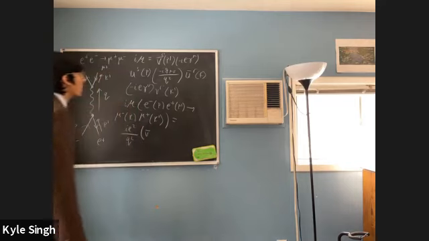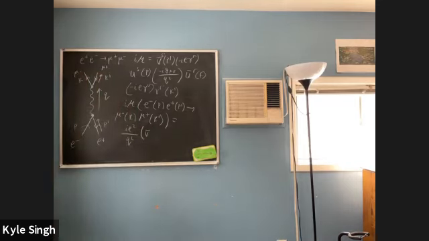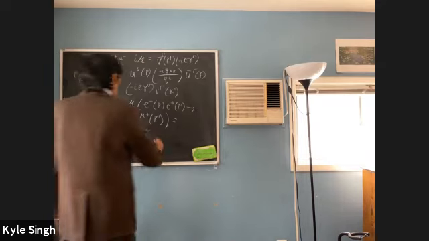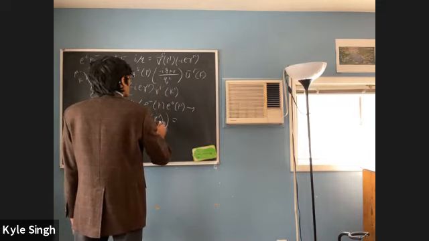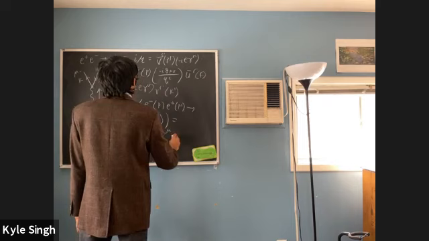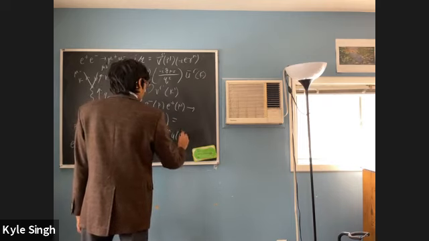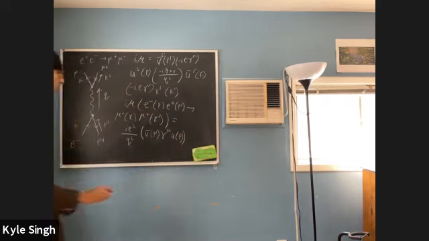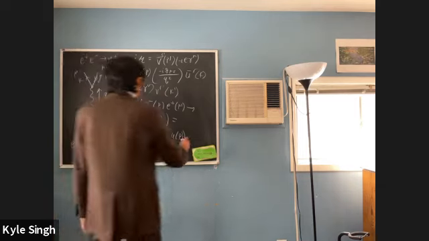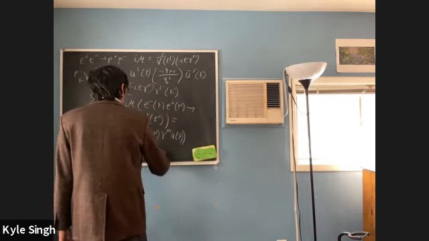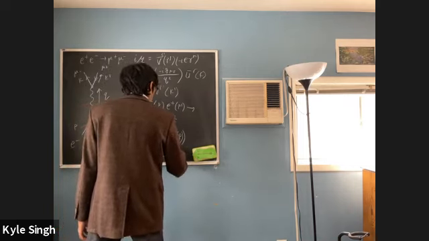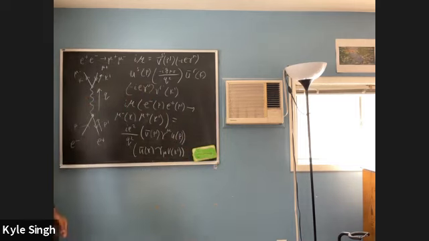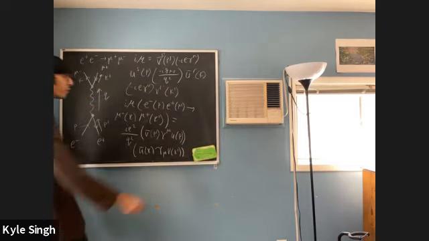V bar of P prime. Now I can get rid of these spinor indices because I'm going to contract. Gamma mu U of P. It's my first bit. U bar of K, gamma mu, V of K prime. Okay, so that's how I simplify the amplitude. I'm going to rewrite it up top.